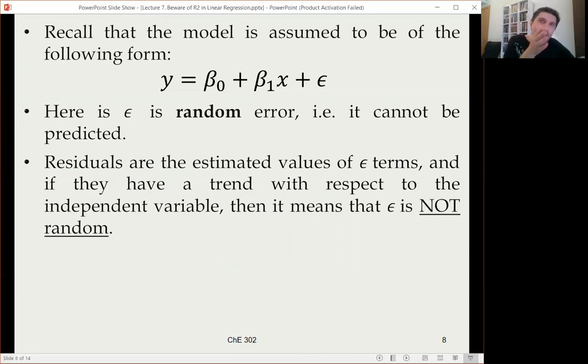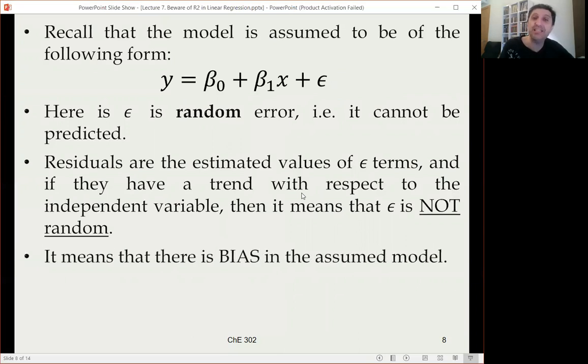What does trend mean? If you know one value, you can estimate another value. Depending on where you conduct your experiment with respect to temperature, you can estimate the random error term. But the first assumption was we cannot estimate this error. However, our model says that yes, you can. Therefore, there is an inconsistency between the model assumption and the data. Therefore, this model is invalid.